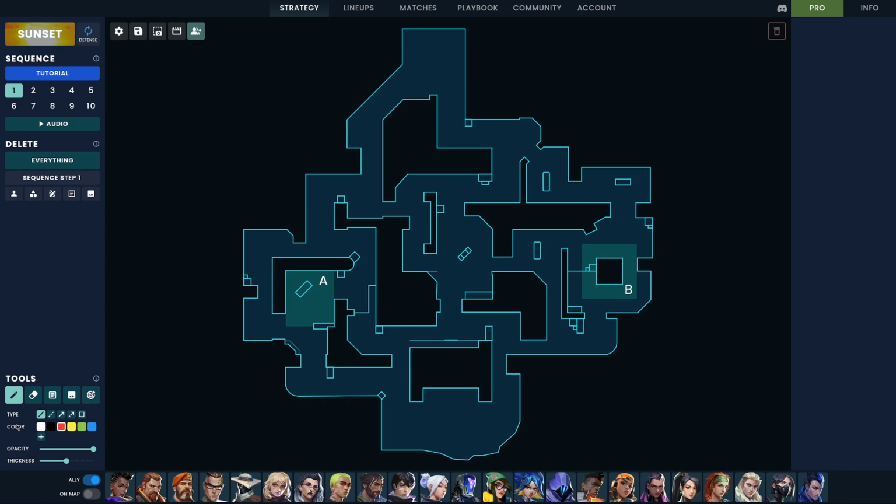So we talked about how this character right here, Jet, maybe something like Chamber, maybe something like Phoenix, right? We talked about how those characters don't necessarily have a piece of their kit that gives them the ability to sell a push, but they have a kit designated for taking space.